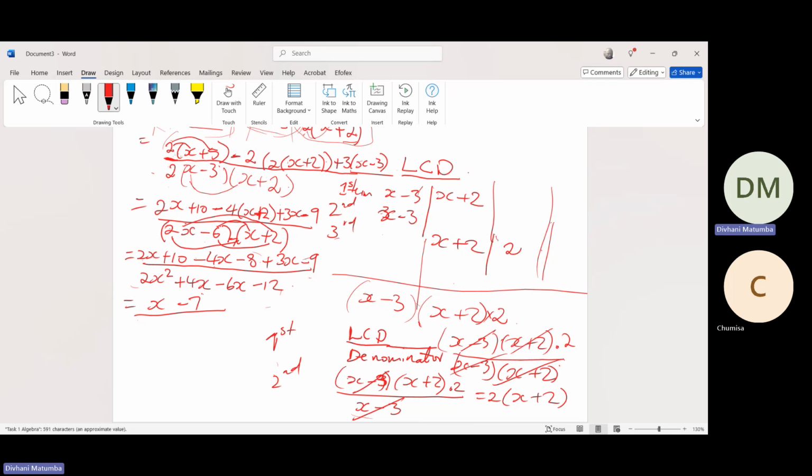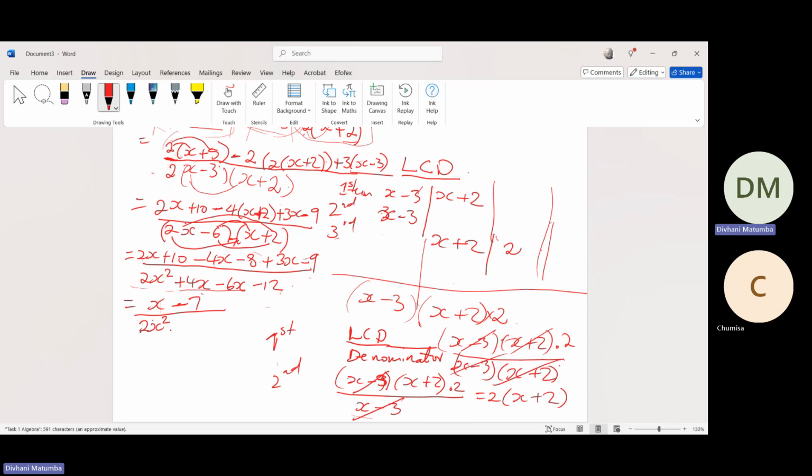We're going to have, okay, what is it that we have? Do we have like terms? Yes, sir. Okay. 2x squared, I'm sure you agree with me. The only like terms are these ones.